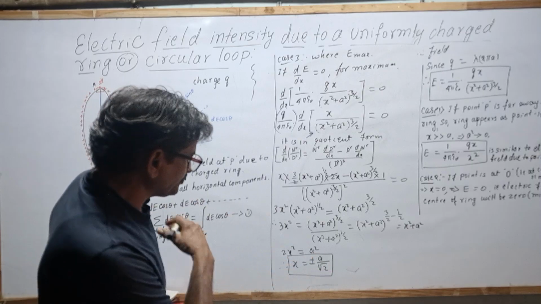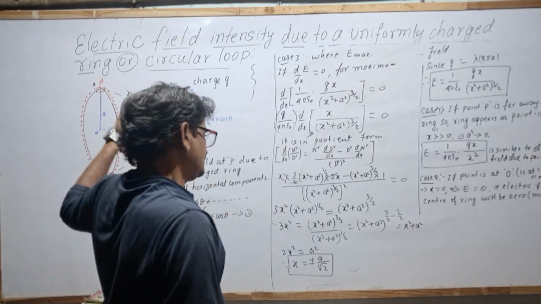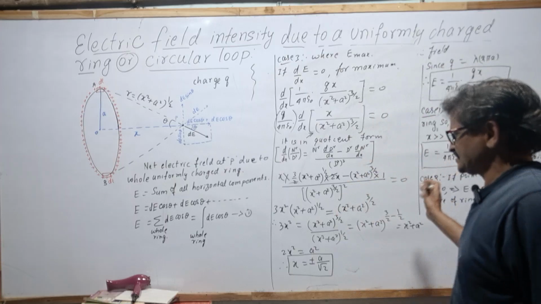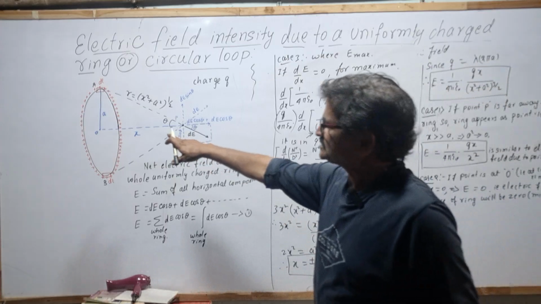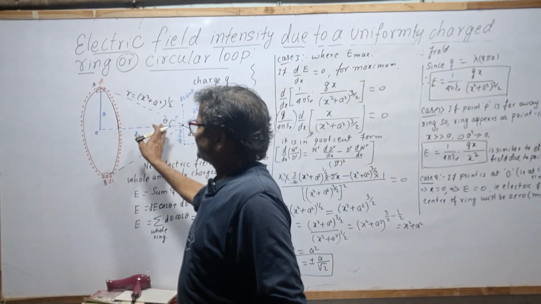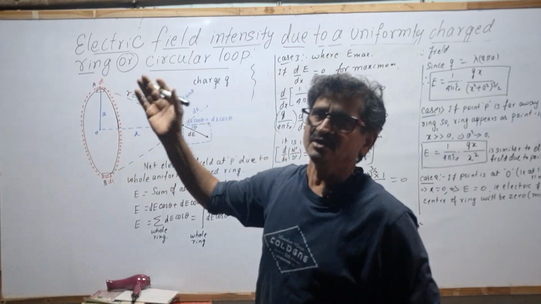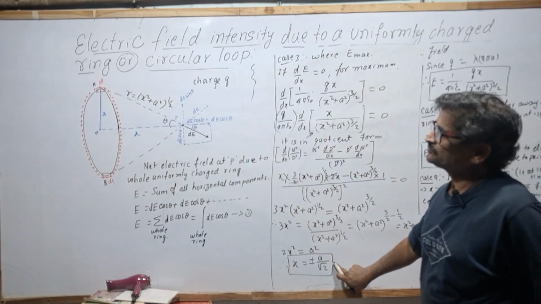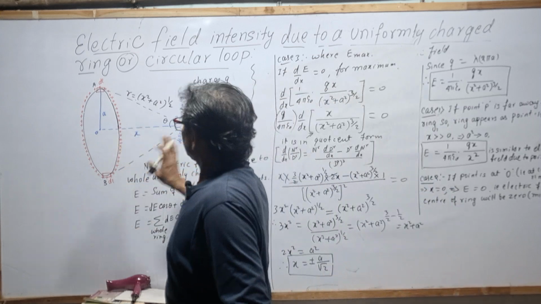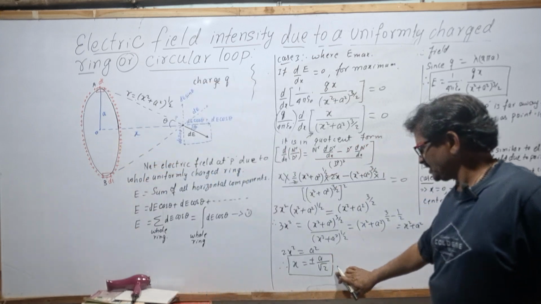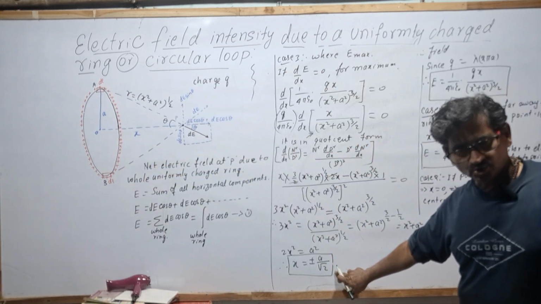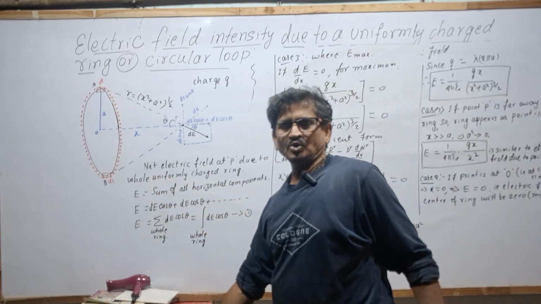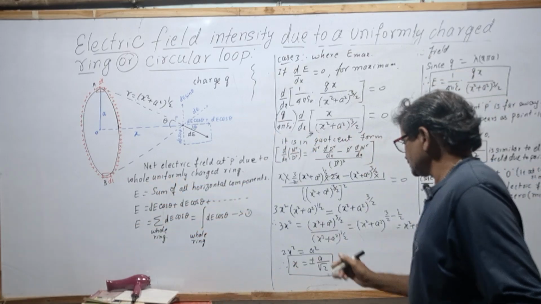In both sides we can put it, either on negative x-axis or positive x-axis from the center of this ring, this side or that side. At the distance of a by square root 2 on this side, and a by square root 2 on that side, this will be the maximum.